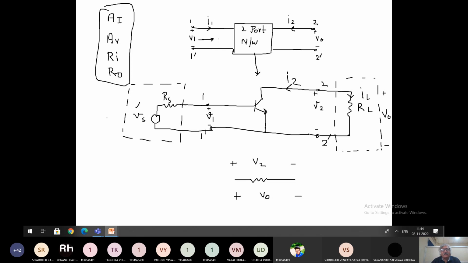Because there is a difference between Vs and V1. Because in between there is a resistance Rs, right? So some voltage will drop across this Rs and some smaller portion will be V1. Got it? That's why you consider the starting voltage Vs as the input voltage and V out, VO, as the output voltage. But since VO and V2 are equal, you are measuring across the same resistor. So in place of output voltage, you can write V2 also.